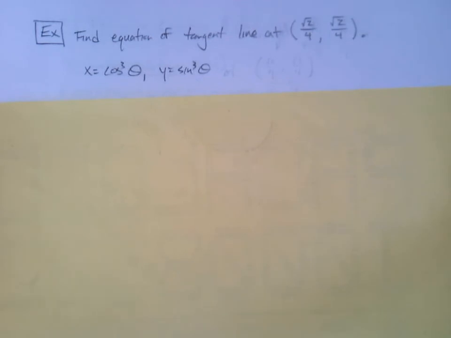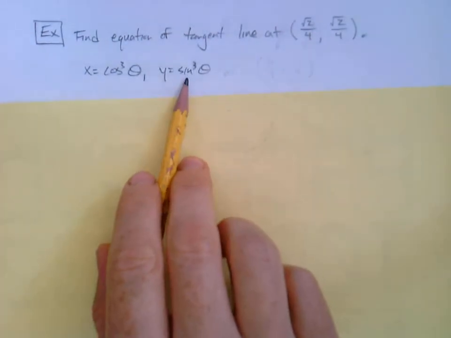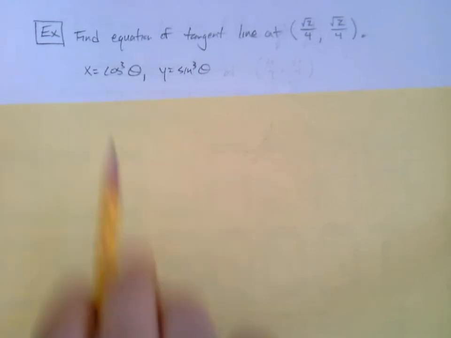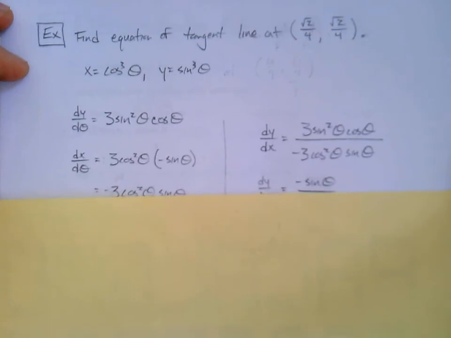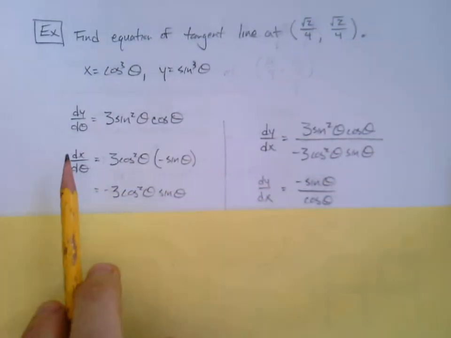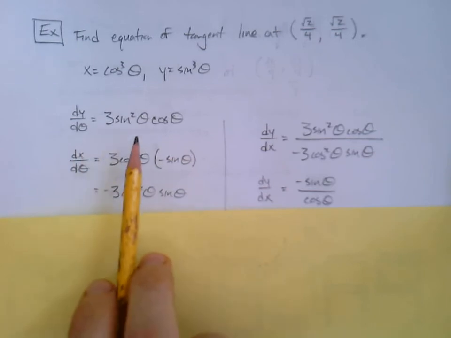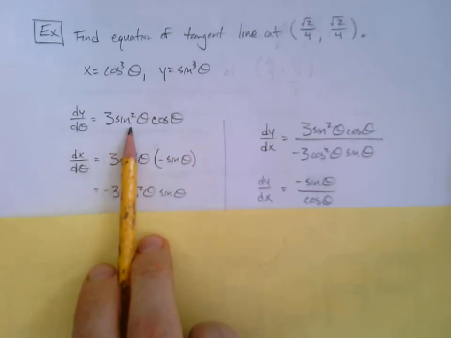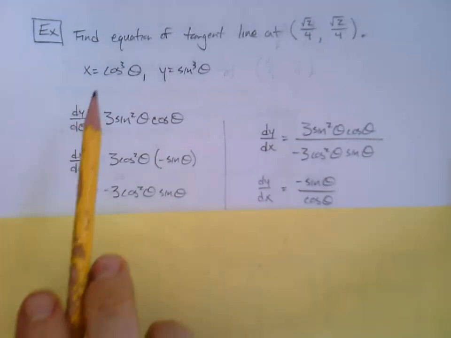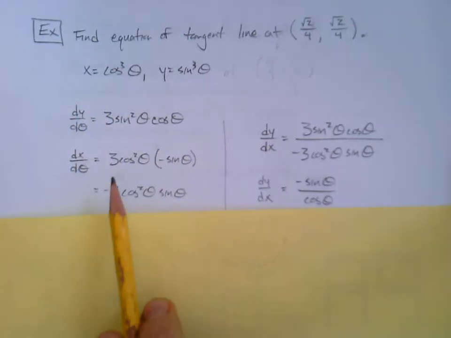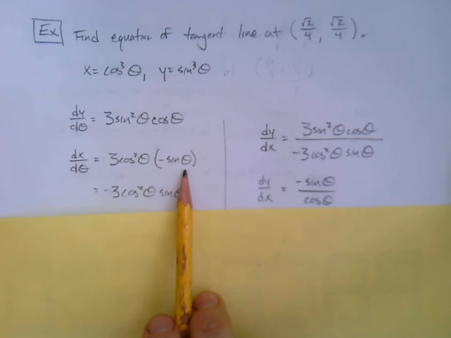But okay, one thing at a time. Let's get the derivative first off. So we need the derivative of y divided by the derivative of x. dy over d theta, well, we've got a chain rule, right? 3 sine squared theta cos theta. Derivative of x, similar: 3 cos squared theta, negative sine theta.